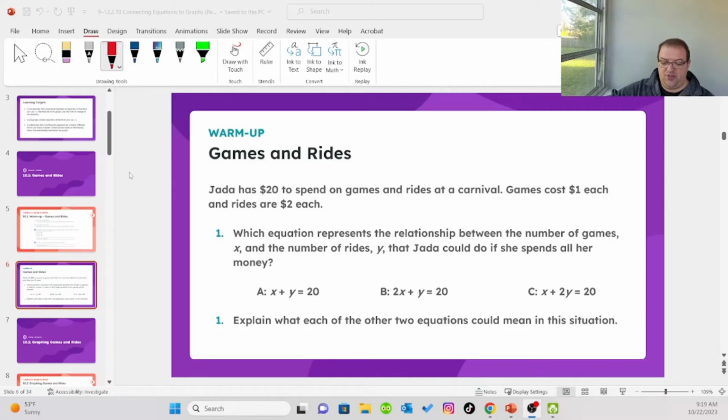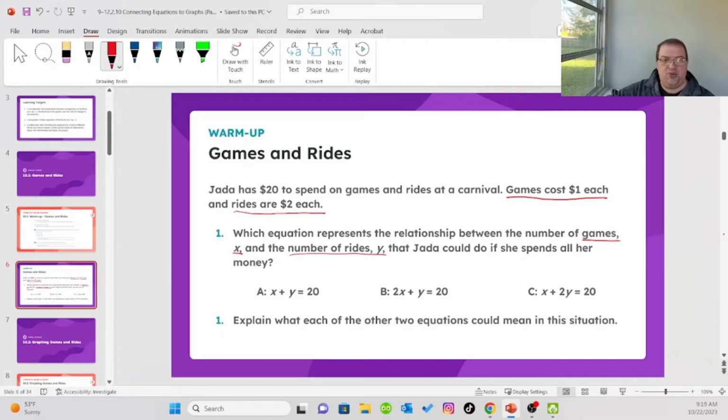So as we look through here, we can see that games are x, and games cost $1 each. So we want to make sure that x is 1x. So that could be A, and that could be C. Then we see that number of rides is y, and rides are $2 each.